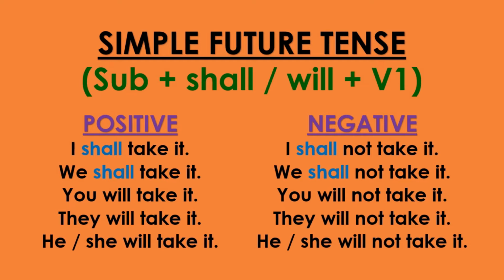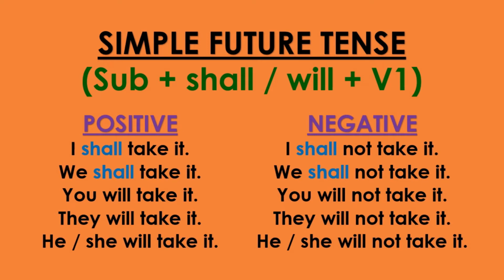Finally, in case of third person singular number, it is either he or she will not take it. So these are negative sentences. We always have to use not, and all of you should remember that not, the negative marker, comes exactly after the auxiliary verbs either shall or will.